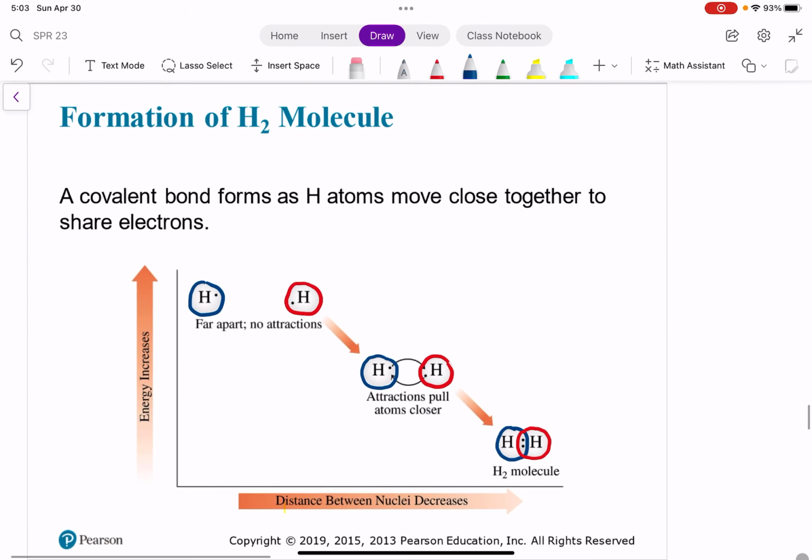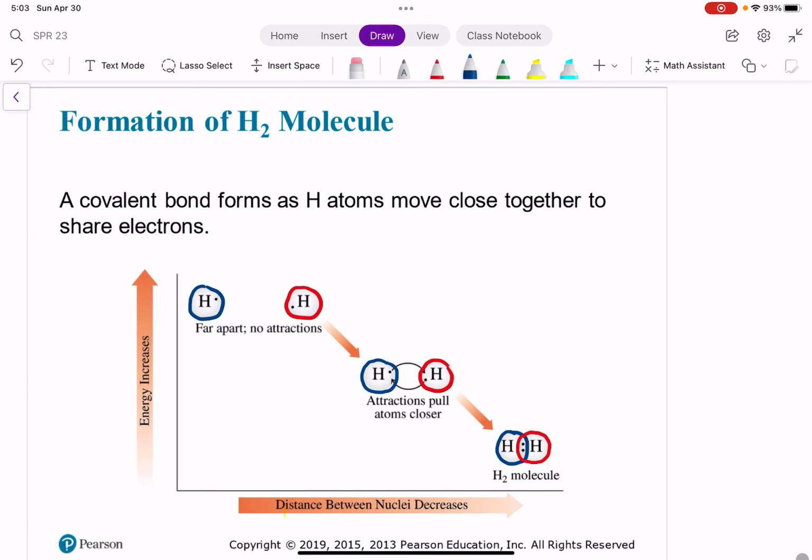Okay, so it's favorable for hydrogen to exist as a molecule bonded to itself. Pretty cool. So here is kind of a closer look at that. I've color-coded this. There's 2 hydrogen atoms, and I've color-coded one of them blue and one of them red. So let's look at this for a second. On the x-axis, as we go to the right, the distance between our nuclei is decreasing.